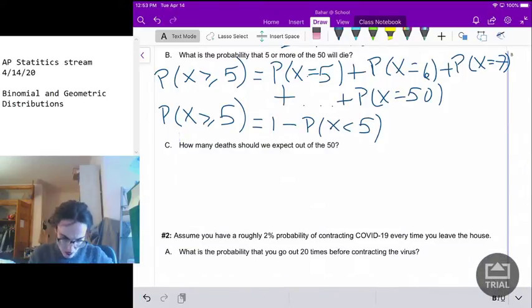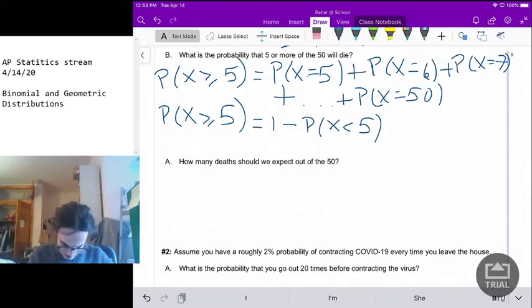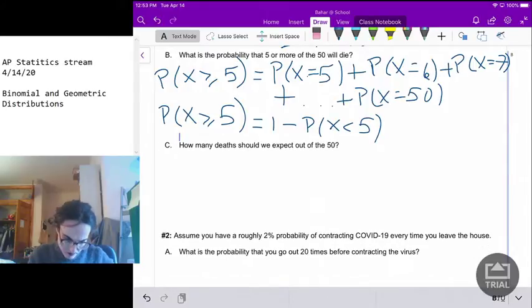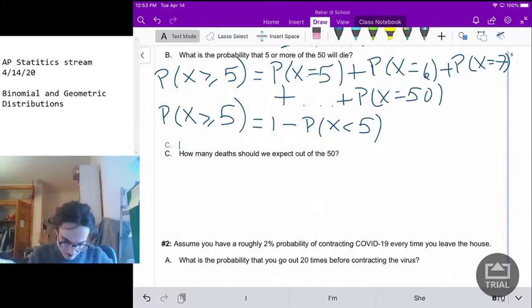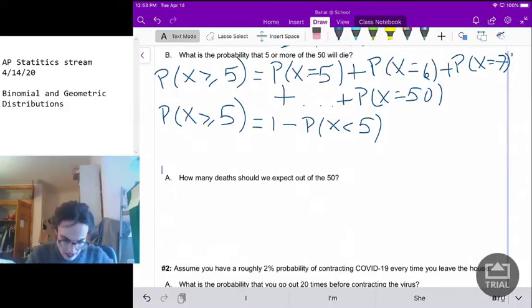let's give this some more room. All right, whatever. Basically what we want to do here is say we are doing binomial CDF of 50, 0.05.